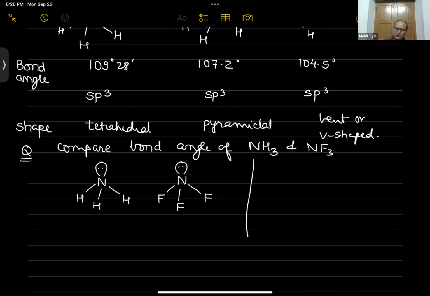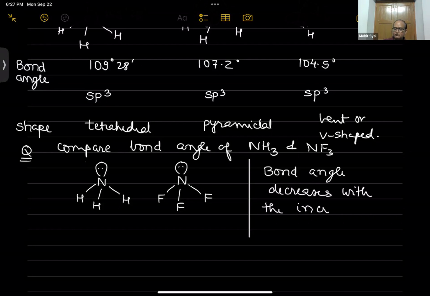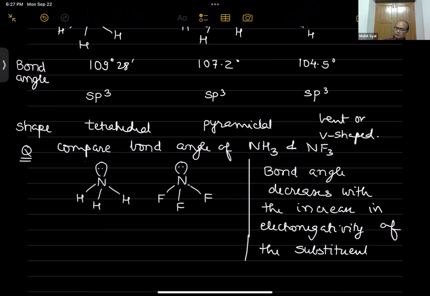There is one point which says bond angle decreases with the increase in electronegativity of the substituents of the groups.